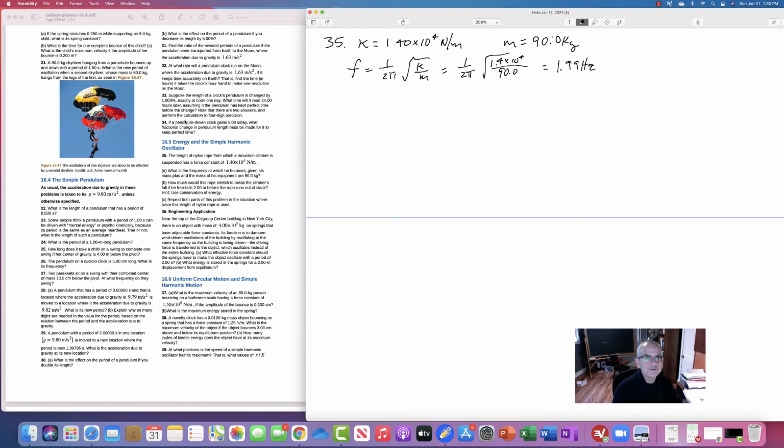Now the second question is, how much would this rope stretch to break the climber's fall if he free falls 2 meters before the rope runs out of slack? Hint, use conservation of energy. Well, what you have here is the potential energy generated by a fall of 2 meters.